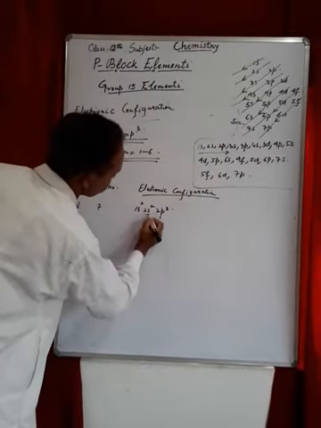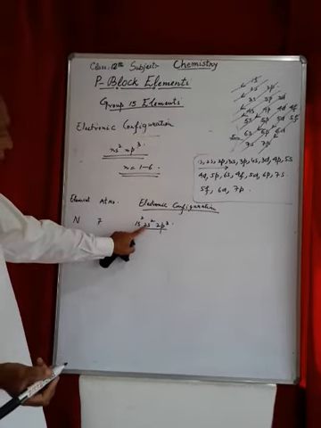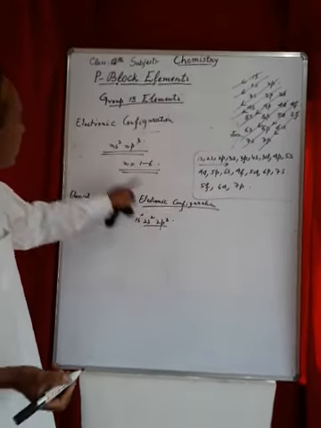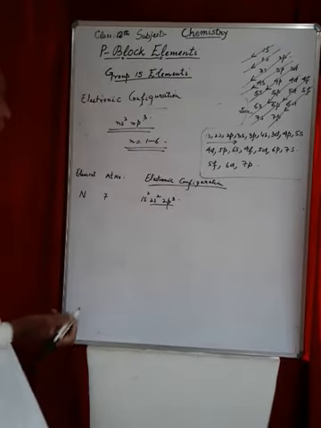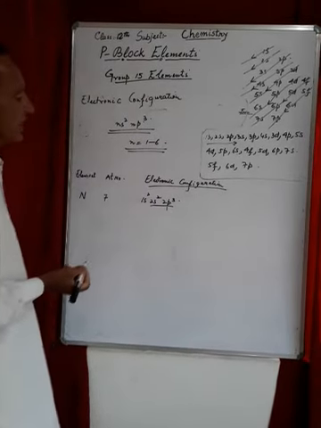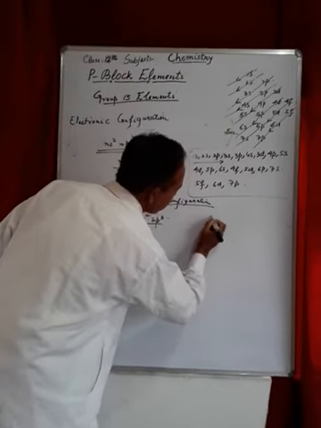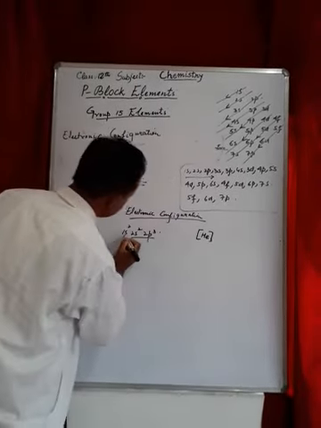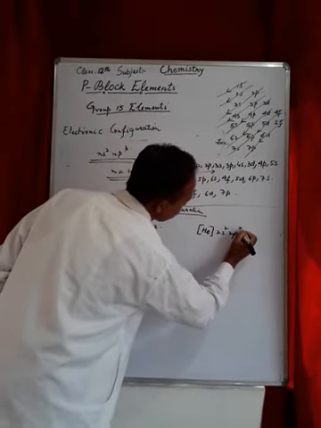The outer shell is the second shell, n is 2, 2s2 2p3. Or with the noble gas core, it is helium, which has 2 electrons, then 2s2 2p3.